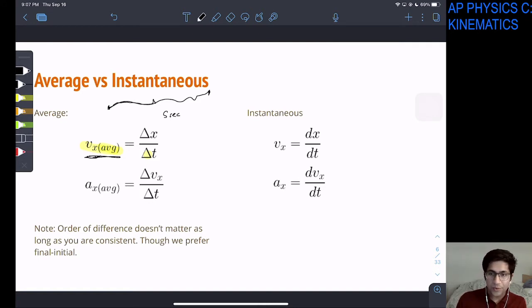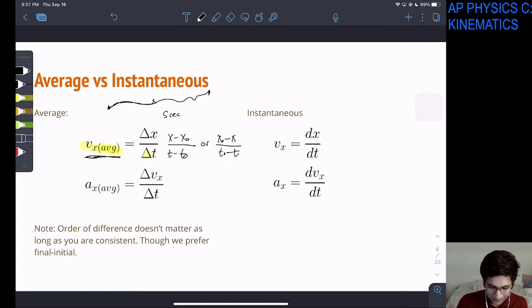And one thing that always gets confusing is, what order do we do this in? Is it x minus x0 divided by t minus t0, or is it x0 minus x divided by t0 minus t? Well, it doesn't matter, right?